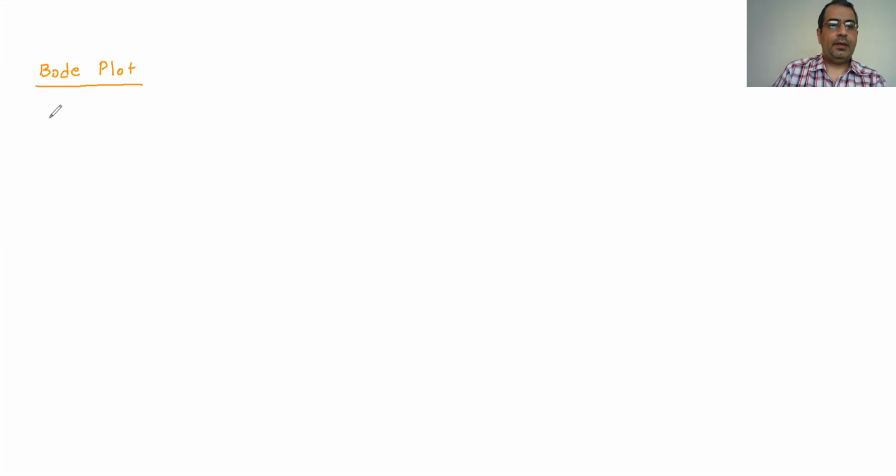Before I say what the Bode plot is, one thing I want to mention: when we are dealing with a filter and we have its transfer function, we can usually write it as it is, or we can write it in decibel format.